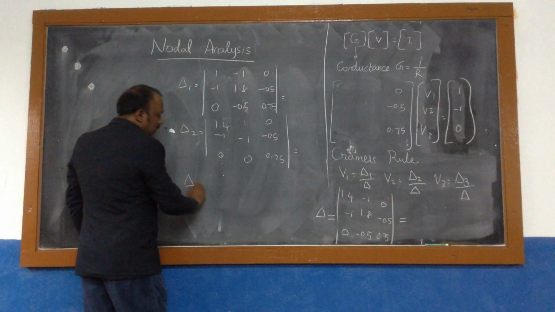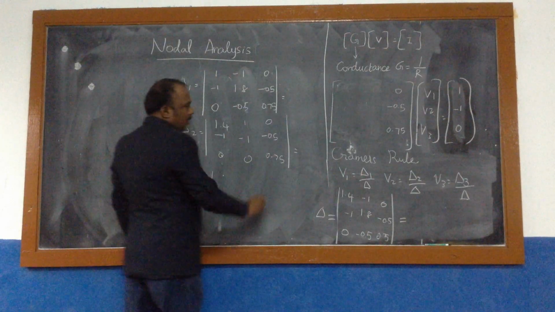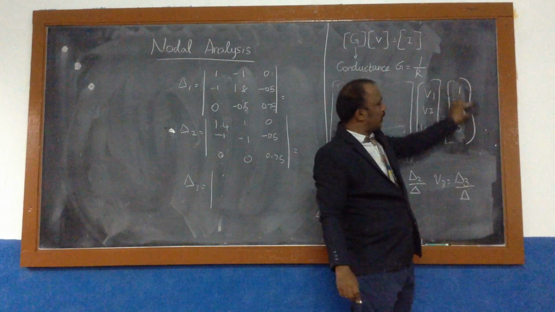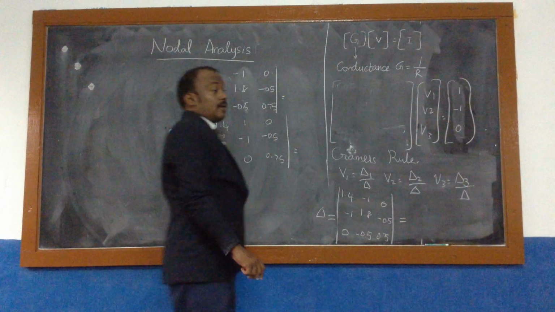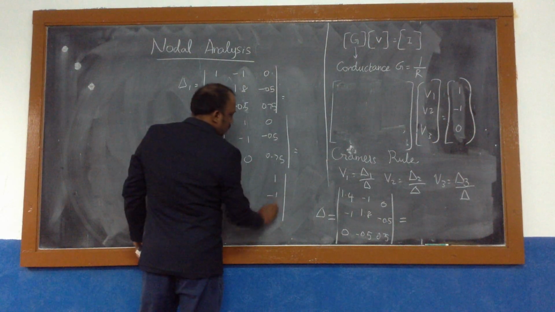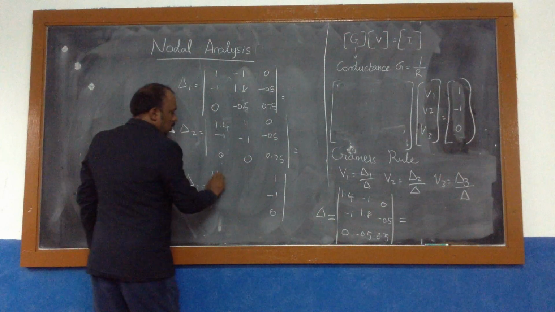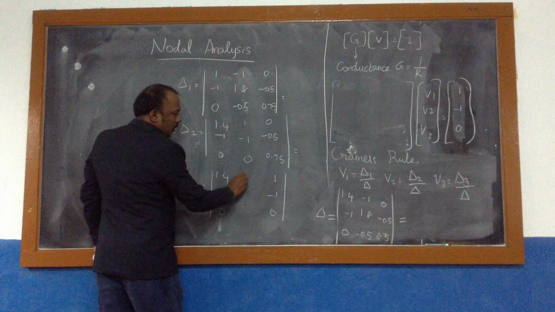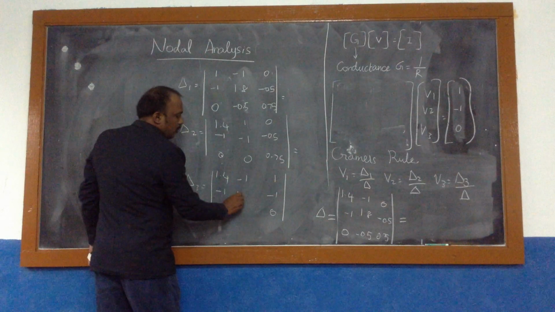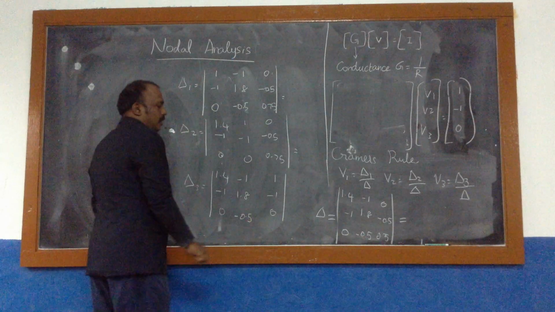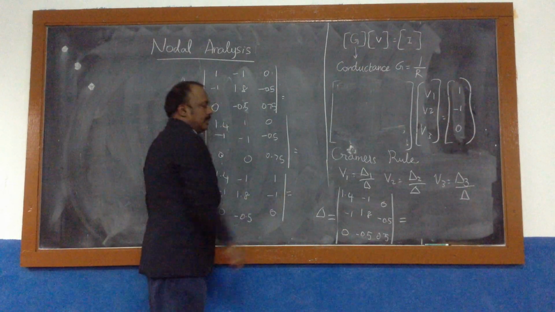Similarly, what is del 3? You can easily say remove the third column and replace that third column by the current matrix. When you change 1, -1, 0, remaining values 1.4, -1, 0, -1, 1.8, -0.5. This is del 3.